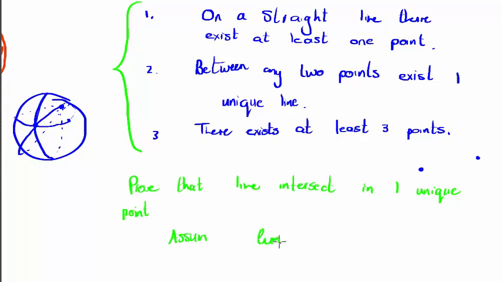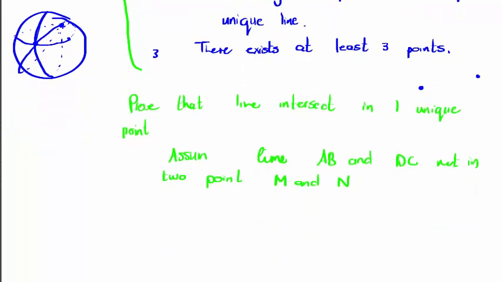Assume lines AB and DC meet in 2 points, M and N. Then M is on AB and DC, because when 2 lines meet, it's a point that's on both of those lines, isn't it?